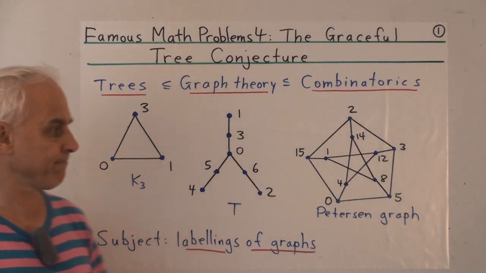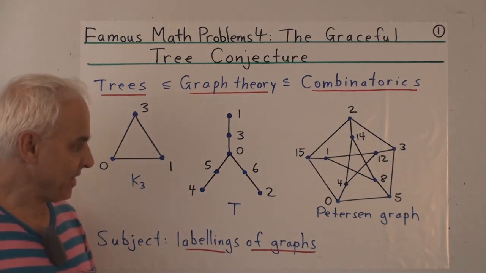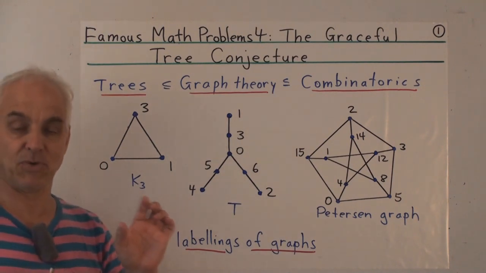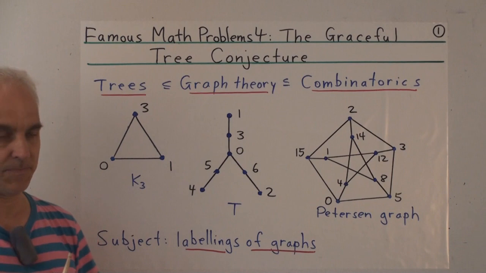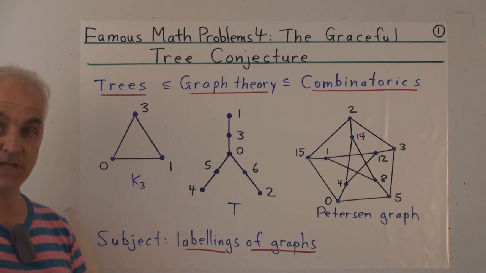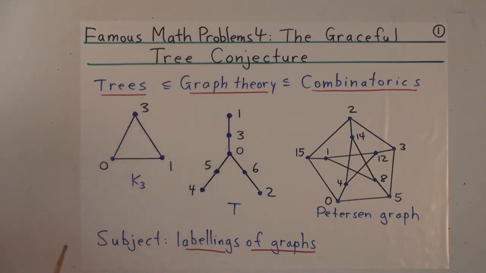So what is that? Well, let's have a look at what happens when we consider the differences between the labels along each edge. So for example, in this first graph, let's look at this edge joining these two vertices. There's a 0 at this end and a 1 at this end, and the difference between those two in absolute value is 1.